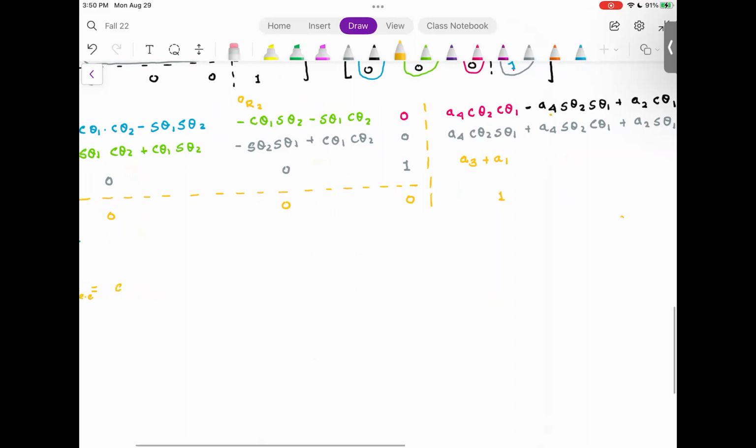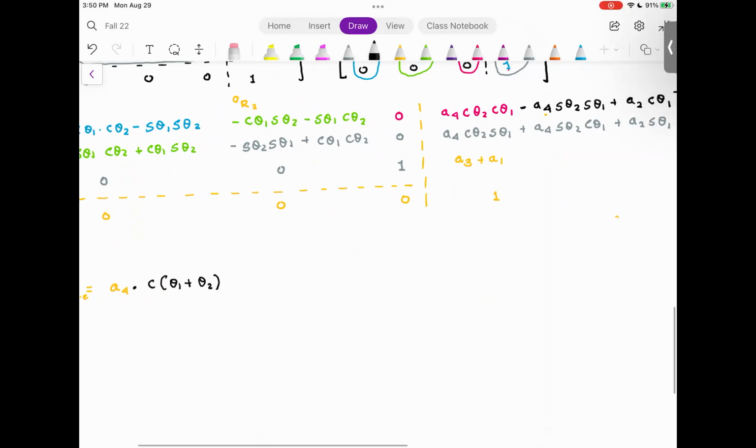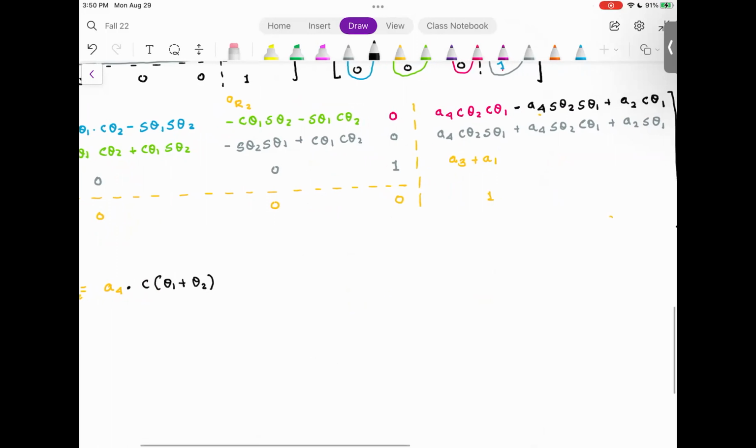This looks to me like A4 cosine of theta 1 plus theta 2. Are you with me? Plus A2 cosine theta 1.